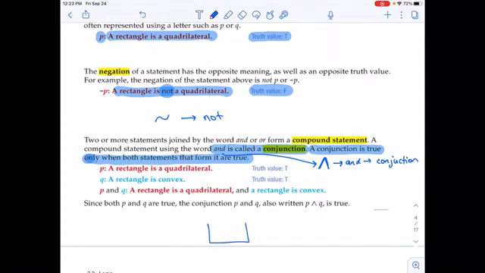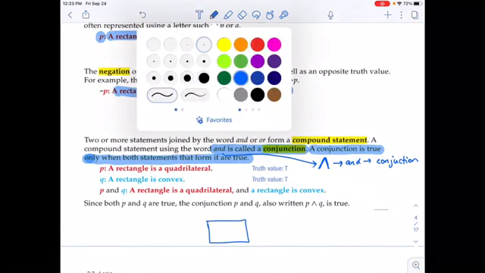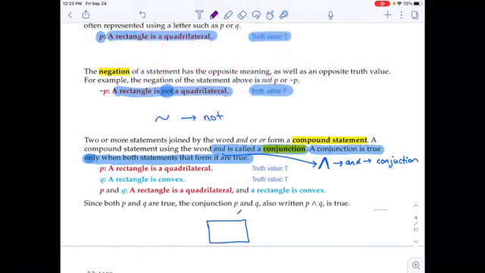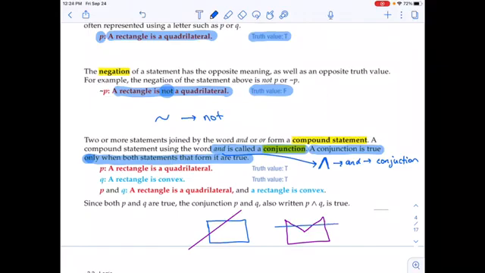Convex just means the actual real definition is like a line cannot pass inside the shape, outside, and back into the shape. It is convex. If you have like a normal rectangle, concave is the other option, where if you drew a line, this line could pass into the shape, out of the shape, and back into the shape. That would be concave. I like to think of it as having a cave that I can stand in.